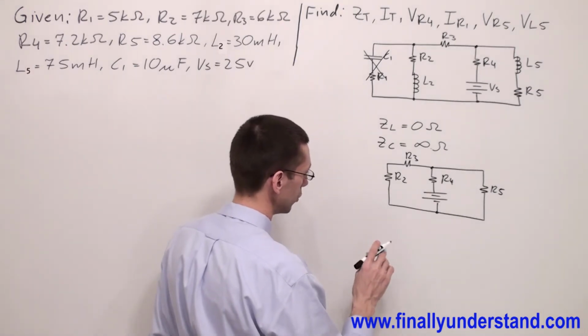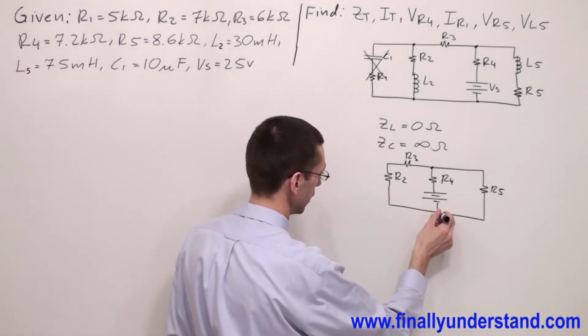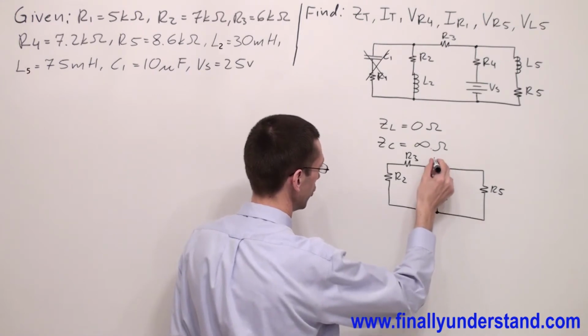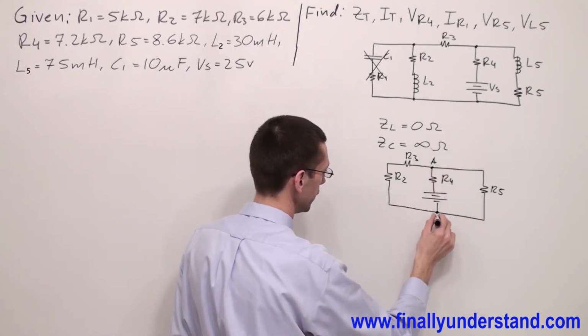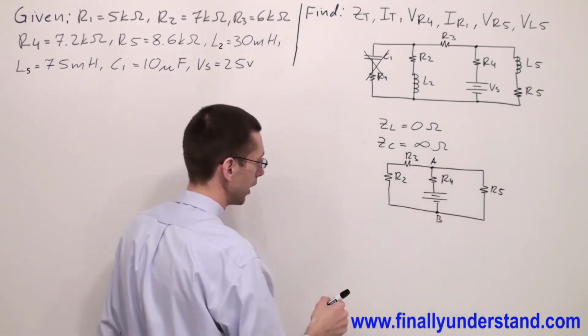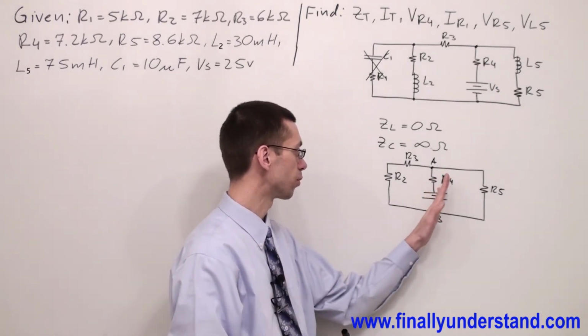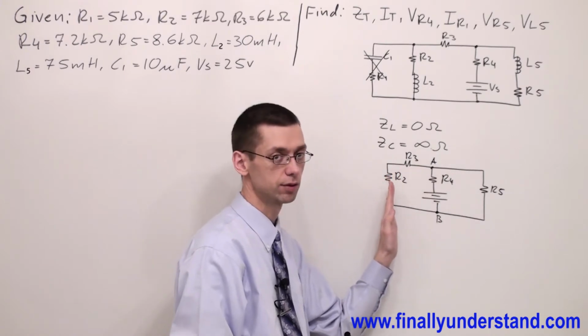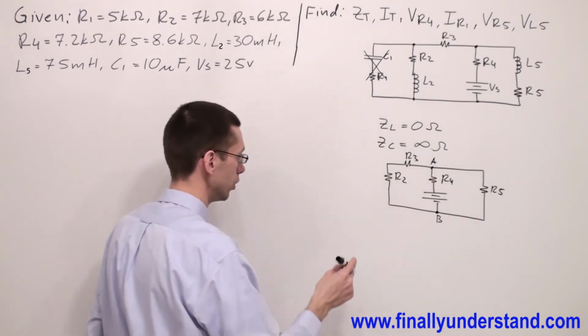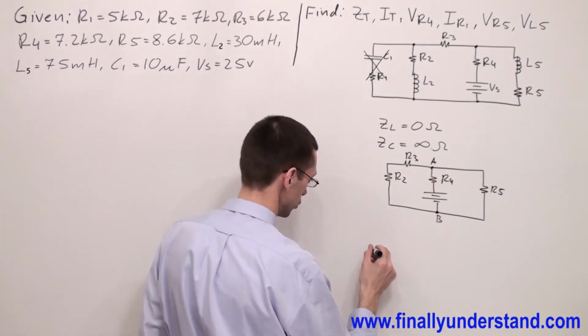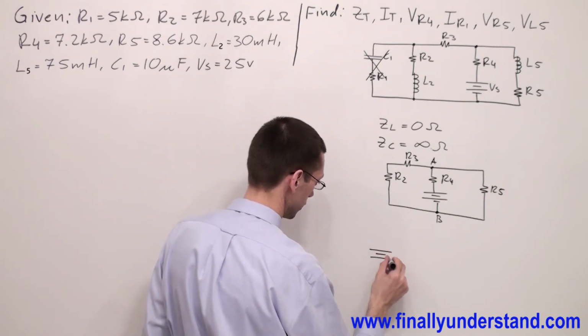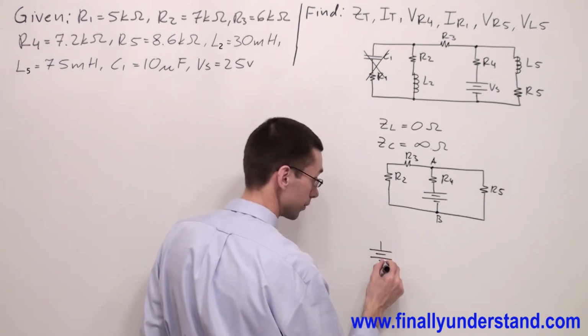In order to do so, you can label these 2 points, point A and point B. Okay? And we get used to the power supply being at the left side. So I'm going to draw the DC power supply at the left side.